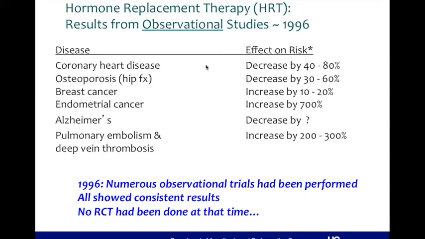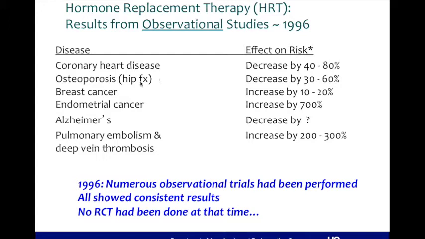And we know again that estrogen replacement impacts multiple organ systems, including the heart, the vasculature, etc. And there were a number of observational studies done in the 80s and 90s looking at the impact of hormone replacement therapy. And they all made it look like hormone replacement therapy was pretty good.